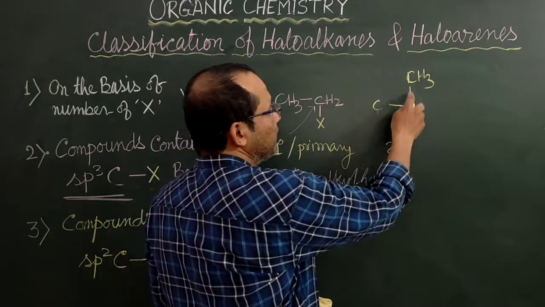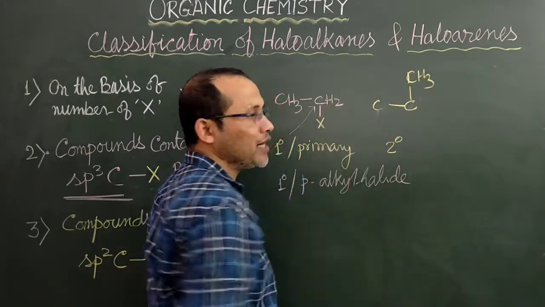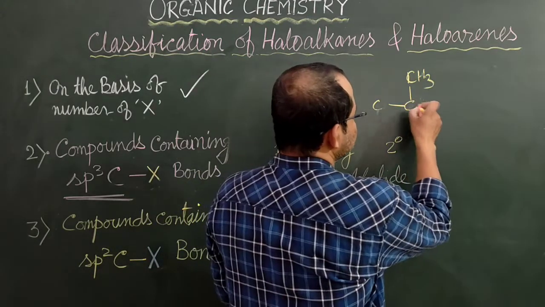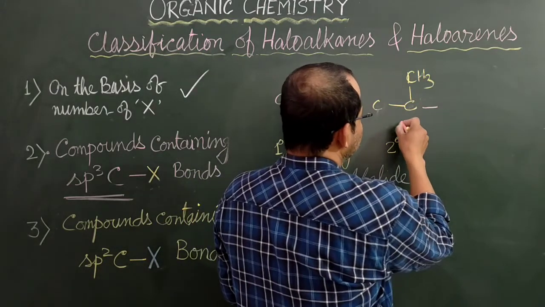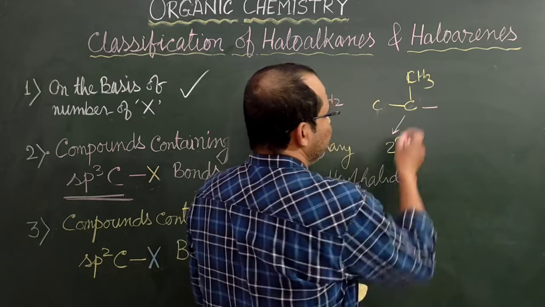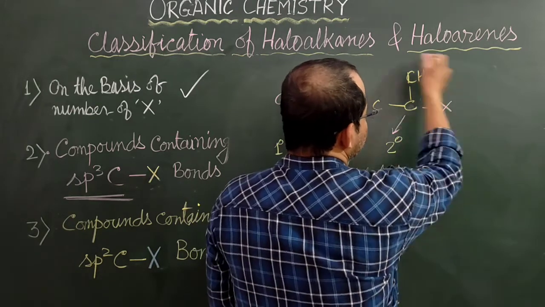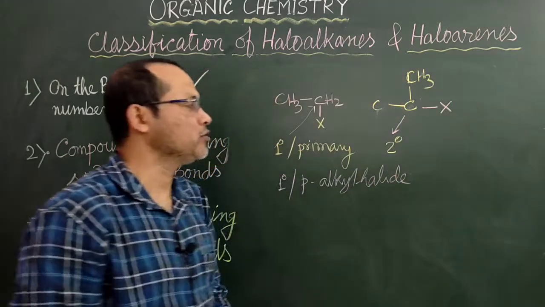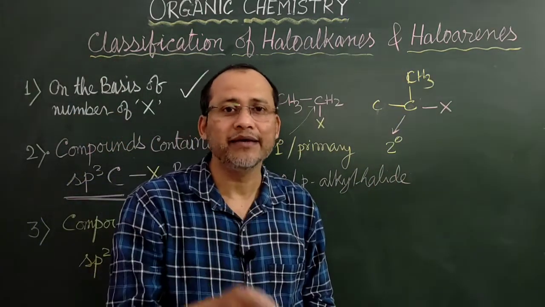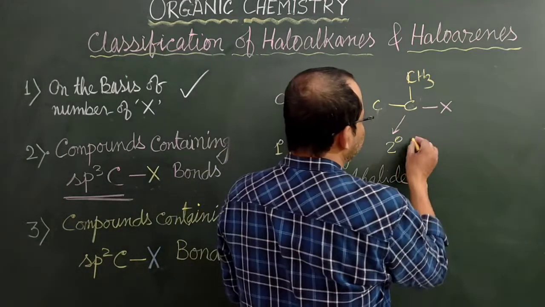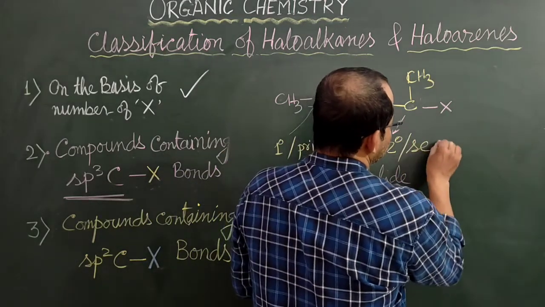This carbon is directly linked to 2 other carbon atoms, and if this be the case, then this carbon atom is termed as 2 degree, and if this carbon contains one halogen, the nature of this compound will be 2 degree alkyl halide, and this is also termed as secondary alkyl halide.